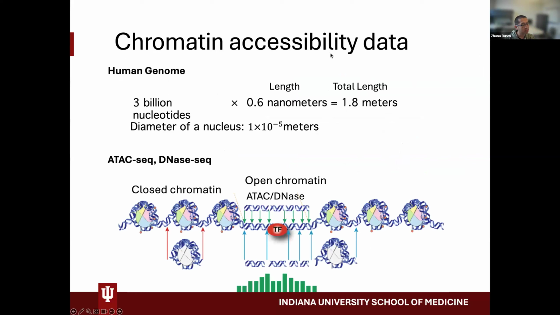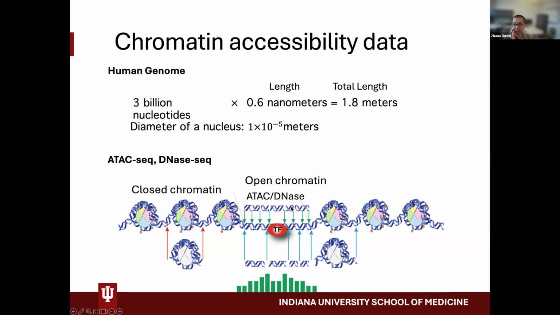And later people had chromatin accessibility data, which can identify which part of the genome is functional. Just looking at it, the chromatin is very highly packed, like the total length of the genome is about 1.8 meters. To pack it in a tiny nucleus, it needs to be really tightly packed. And some parts are open, which could be captured by ATAC-seq or DNase-seq. And that open part could be recognized by transcription factors, and factors can bind here.